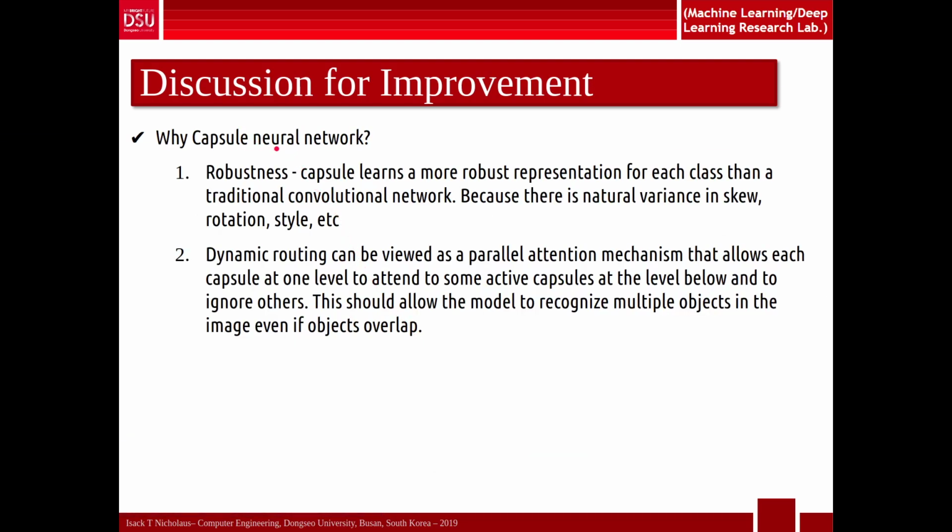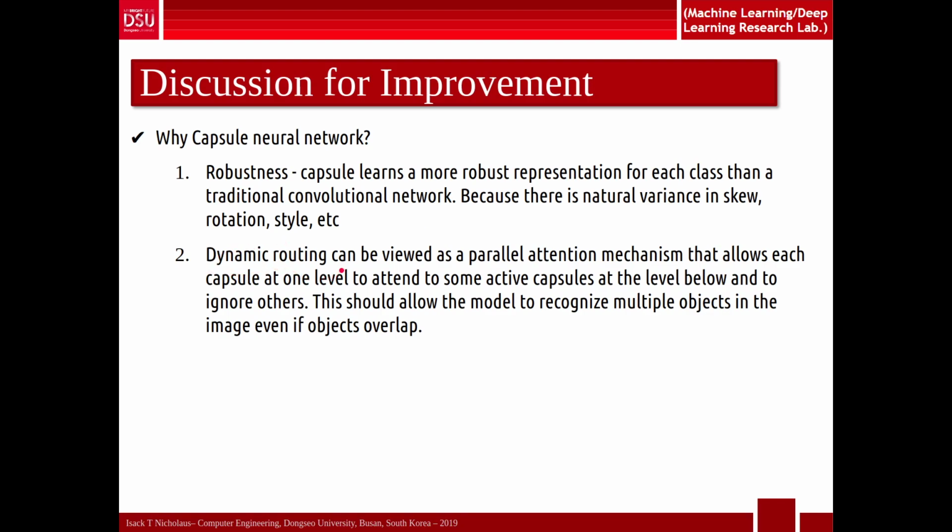I suggest a capsule network for the following reasons. The capsule network learns a more robust representation for each class than a traditional convolution could, because there is natural variation in skew, rotation, style, angles, and so on, which a capsule network can handle.